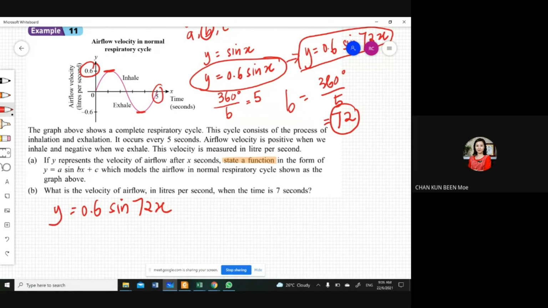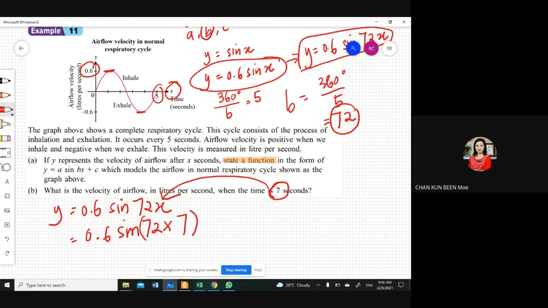The 7 seconds is represented by the x in the graph, right? So you just have to substitute the 7 seconds into the x given. So it is equal to 0.6 sine 72 times 7.